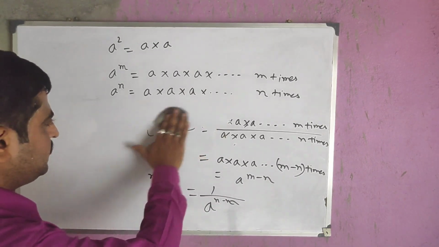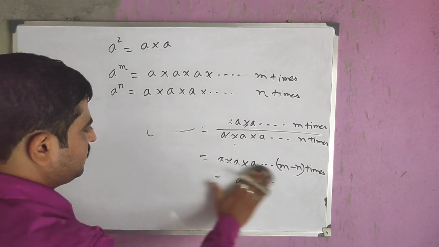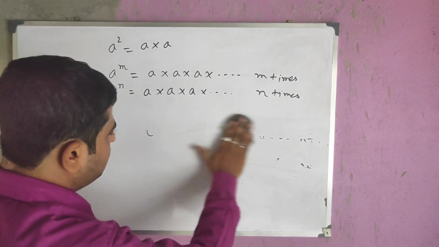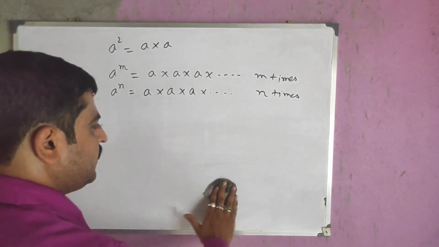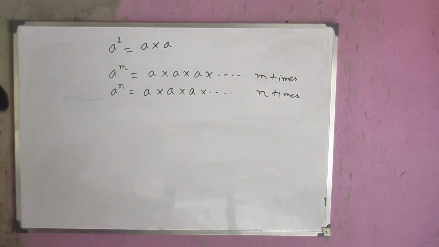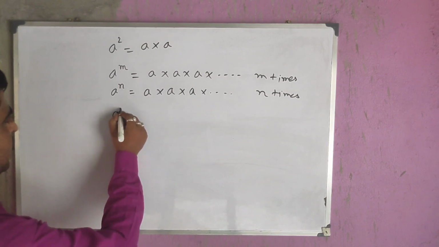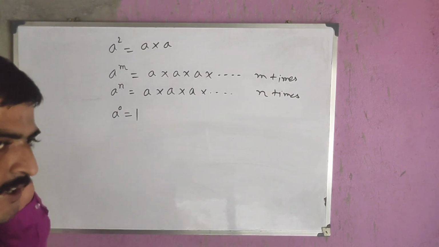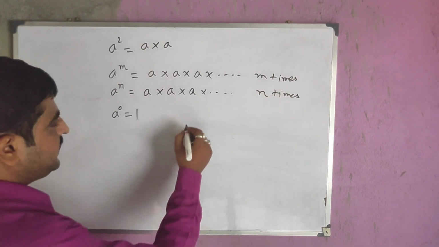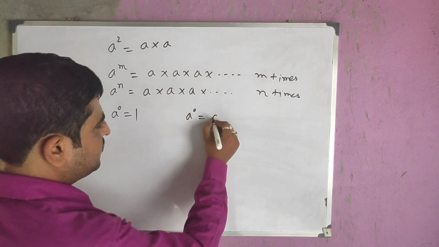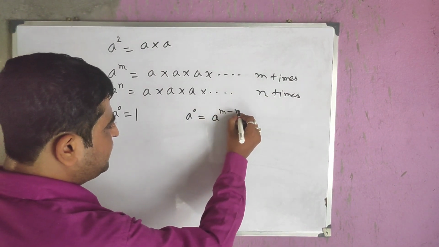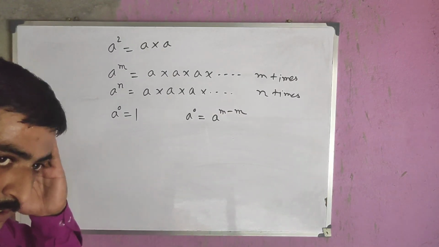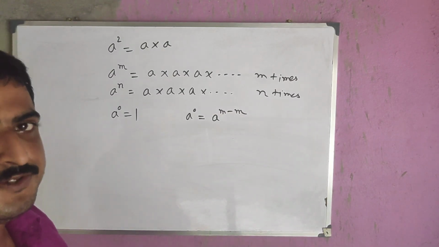Now, something to the power 0 is 1. How is that? We can write a to the power 0 as a to the power m minus m. If you subtract m from m, it will give you 0.